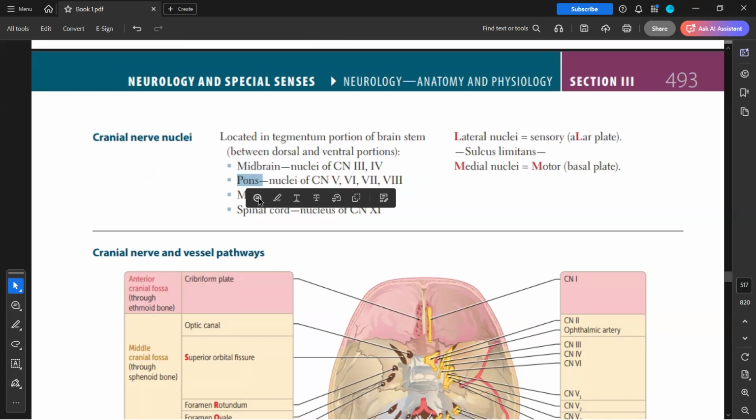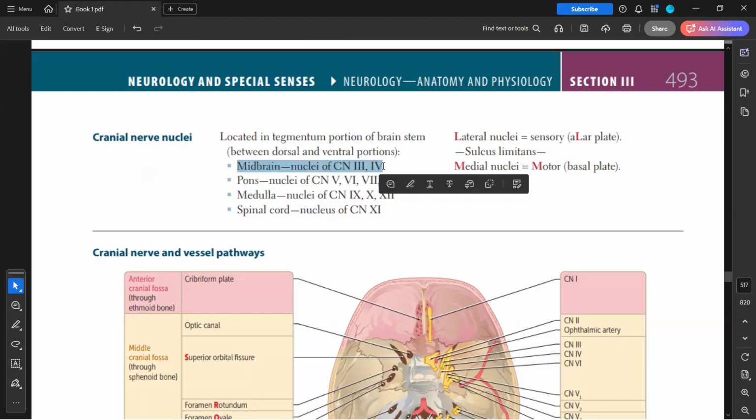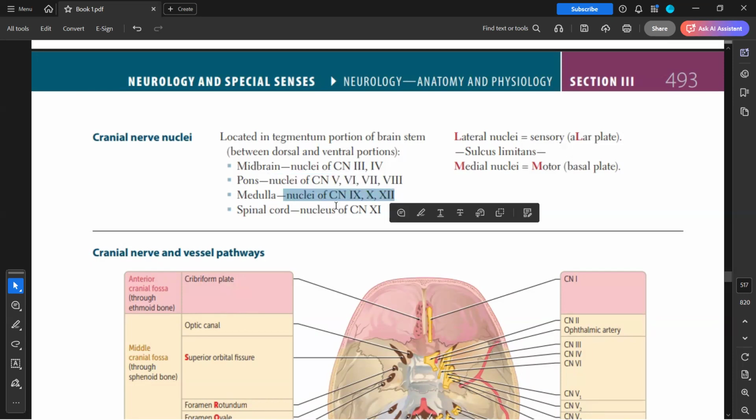You have the midbrain, pons, medulla, and spinal cord. In the midbrain you will see the nuclei of cranial nerves 3 and 4. In the pons, the nuclei of cranial nerves 5, 6, 7, 8. In the medulla, the nuclei of cranial nerves 9, 10, 12.